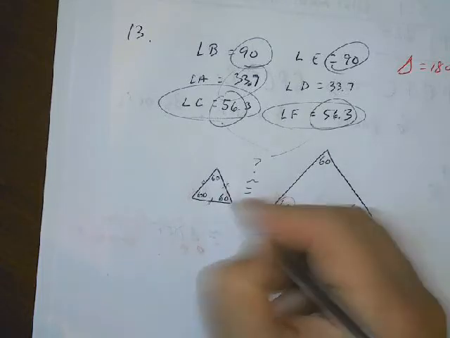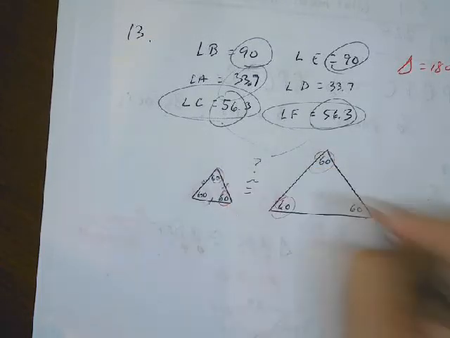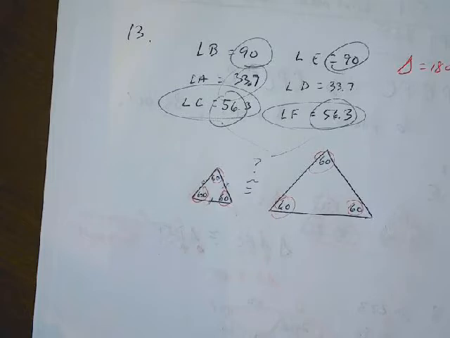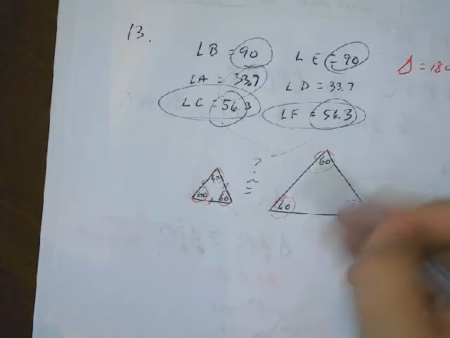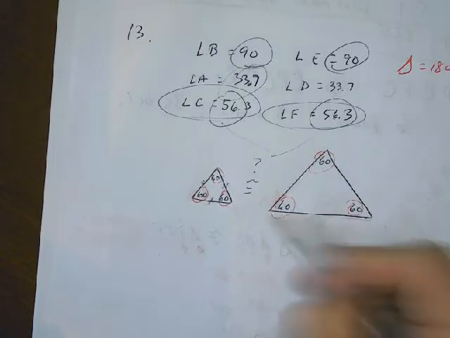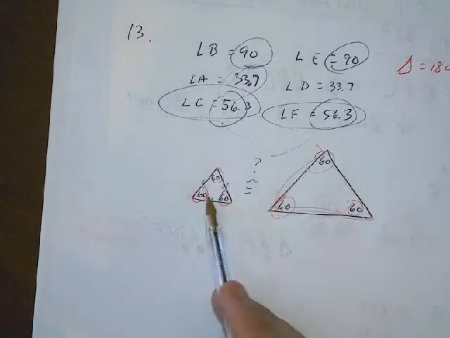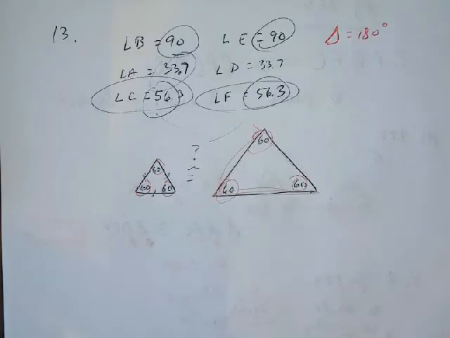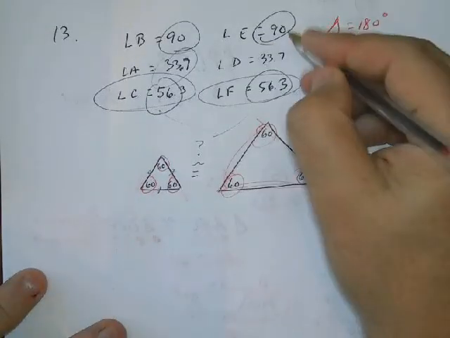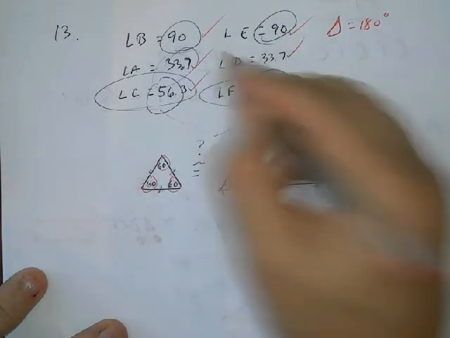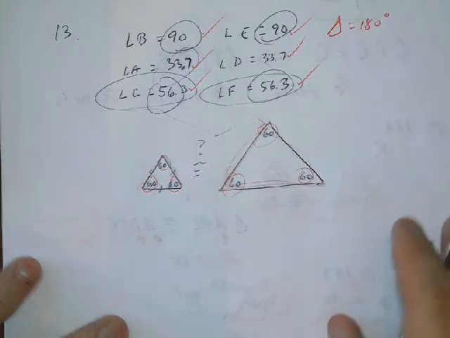Just because the angle measures are equal, that doesn't mean that the triangles are congruent. And clearly you can see that the sides are not the same length. That makes sense? And so if the angles are congruent, that's not enough to say. So what we also have to show on 13 is that the sides are congruent. So we've got the angles, we've got three parts, now we've got to show the sides.